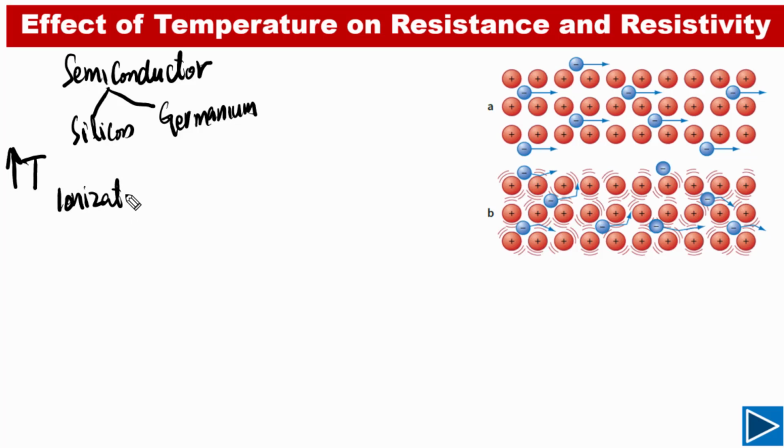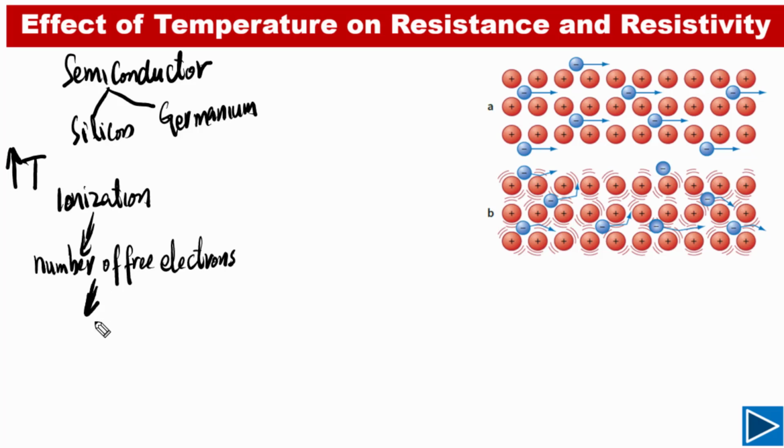Ionization takes place. When ionization takes place, the number of free electrons in the sample will increase. Now there are more free electrons in the sample.